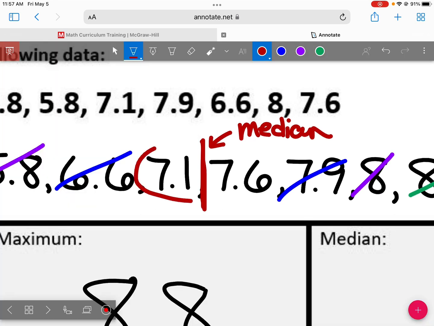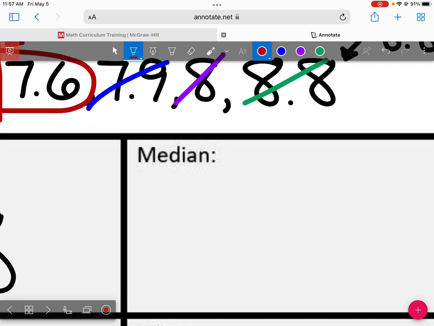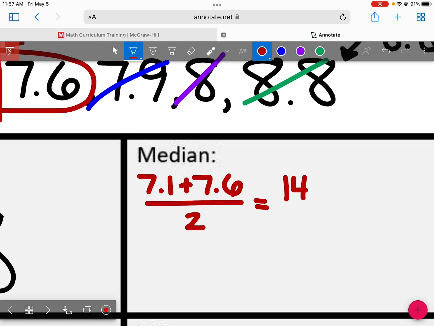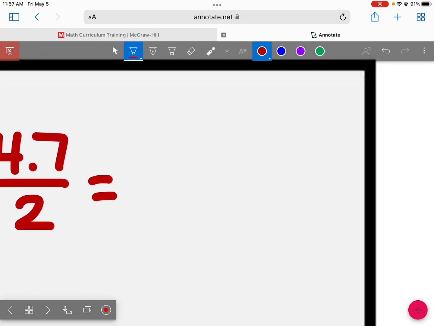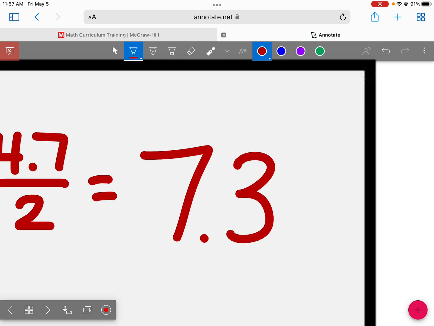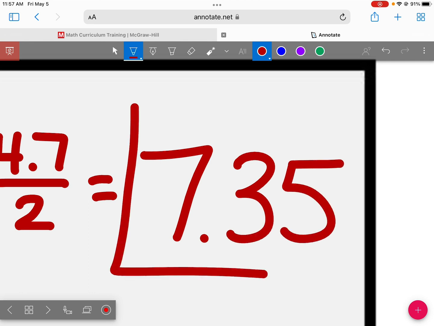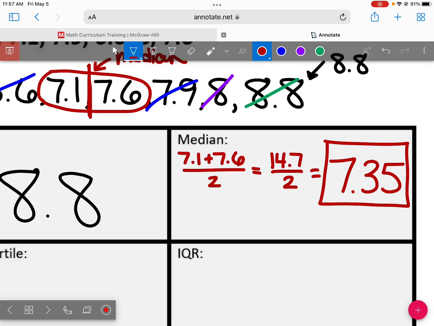So I have to take both of these, add them together, 7.1 plus 7.6, and divide by 2. So I have 14.7 divided by 2, which would give me what? 7.35. That is my median.